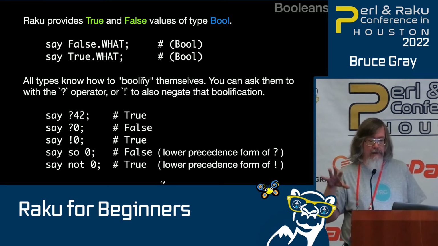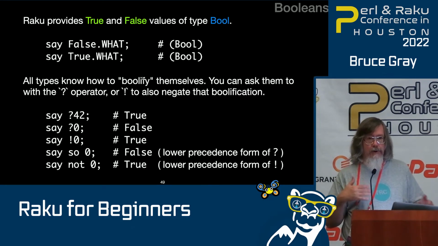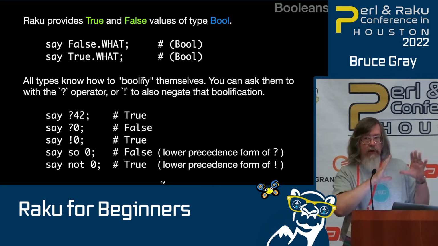We've codified those kinds of rules. Everything knows how to return its true or false value. An array doesn't return false if it's empty and true if it's not empty because the language says so. It's because the array was defined with that boolification method.